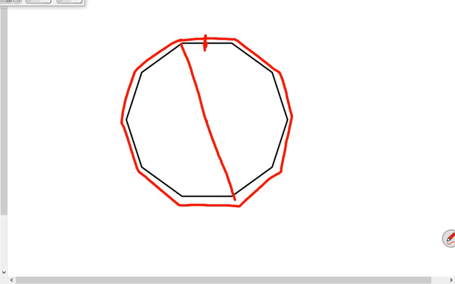So this is 4 feet all the way. From the center to one vertex is going to be how many feet? 2 feet. And then we also know that if we do this line, what's this length going to be? 2 feet. Right? Because if it's 4 feet, we know it has to be 2 feet.